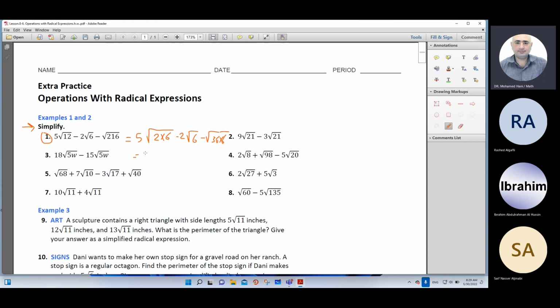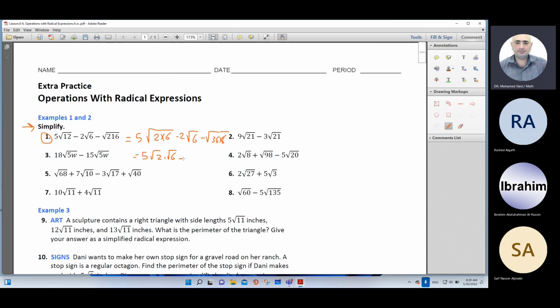Then this is 5. And here 2 times 6, 12. So we can write square root of 2 times square root of 6.